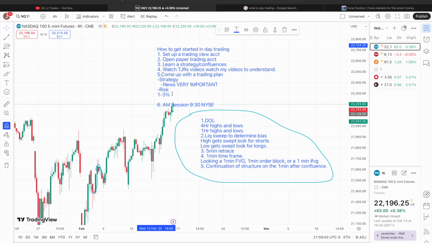You're never going to have a 100% win rate. You're going to have a 50 to 85% win rate if you're the best. And a 50% win rate, even though it sounds bad, if you take decent trades and your trades are sometimes a 1 to 2 or more, you can be profitable.